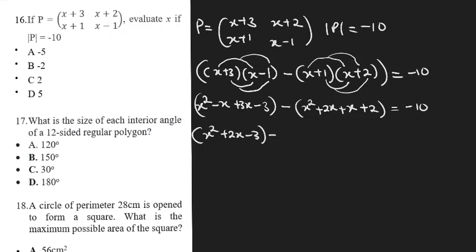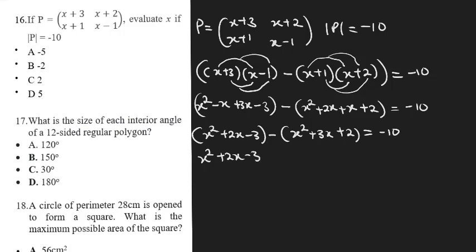Then we have minus, x squared. Now 2x plus x is 3x, so plus 3x plus 2 is equal to minus 10. Now this minus sign means we open this bracket with it. This minus sign is going to multiply all through the terms in the bracket, x squared plus 3x plus 2.